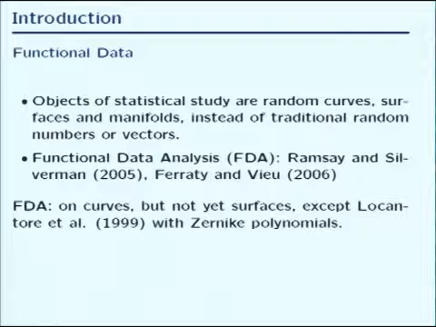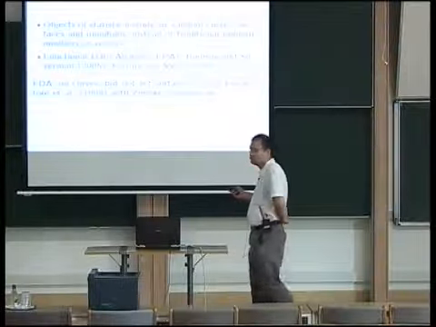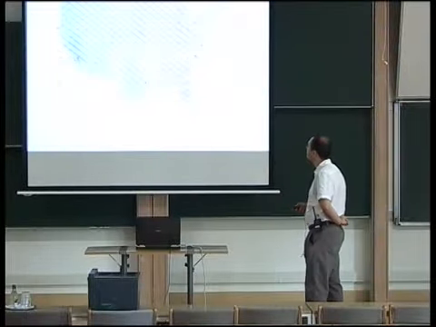As for functional data analysis on surfaces, not on curves, there are not so many published works, and I would say that there's one paper with discussion that was actually published in 1999, but that's about it. Maybe you can correct me if I'm wrong.